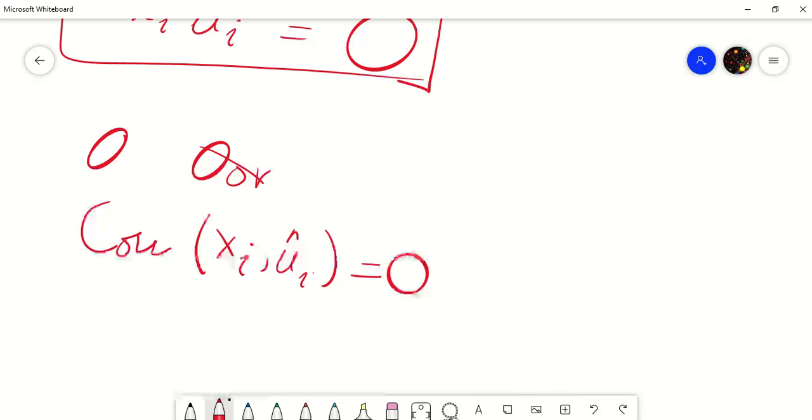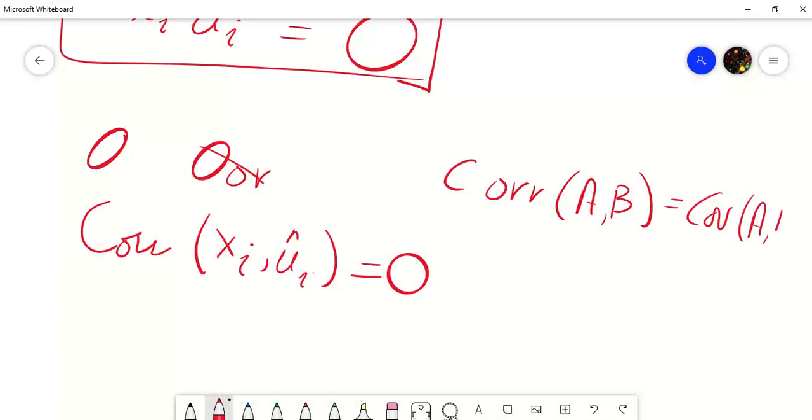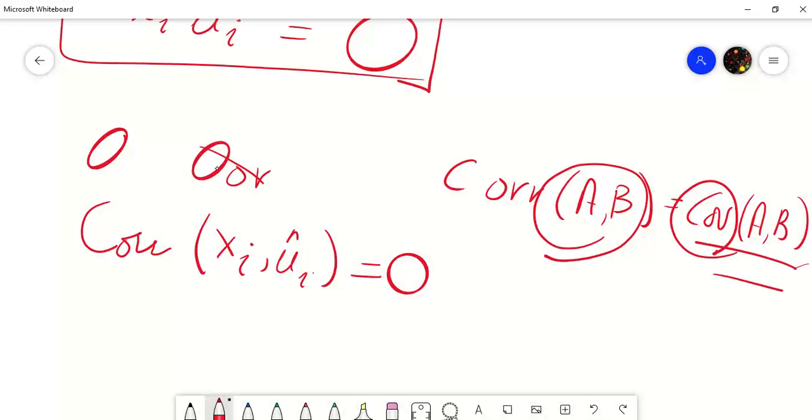The formula for correlation between variables a and b is equal to covariance AB. Correlation between two variables, that is a and b, is actually the covariance between the two variables divided by the standard deviation of a multiplied by the standard deviation of b.